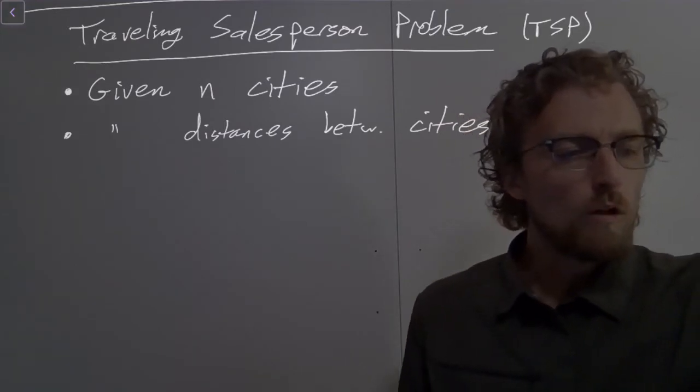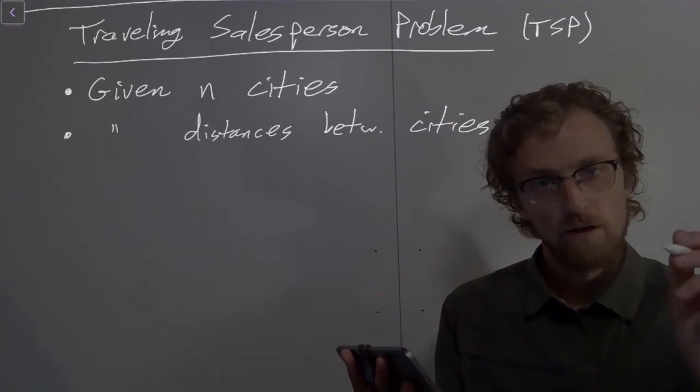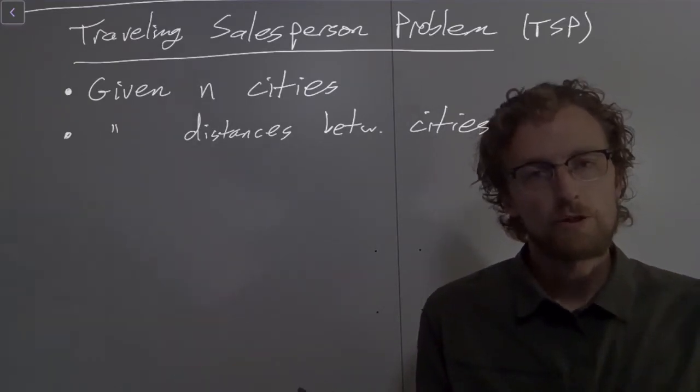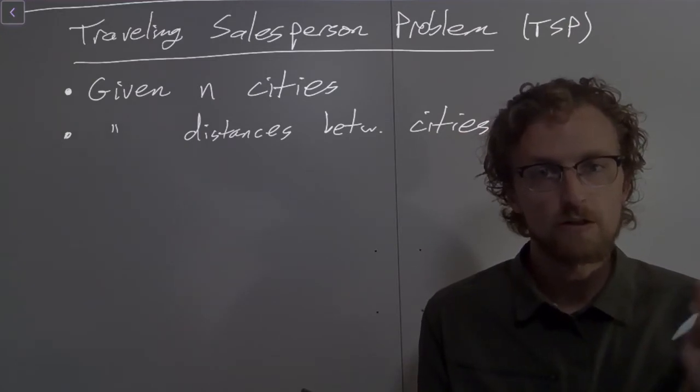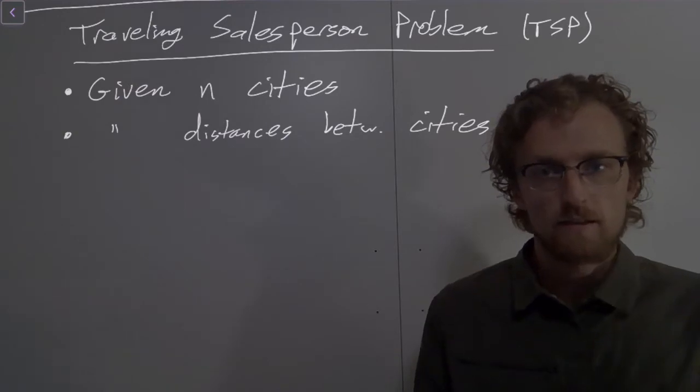And your goal is to find the shortest route that starts somewhere, visits all the cities exactly once, returns to its original starting location, and has a minimum total distance, right?